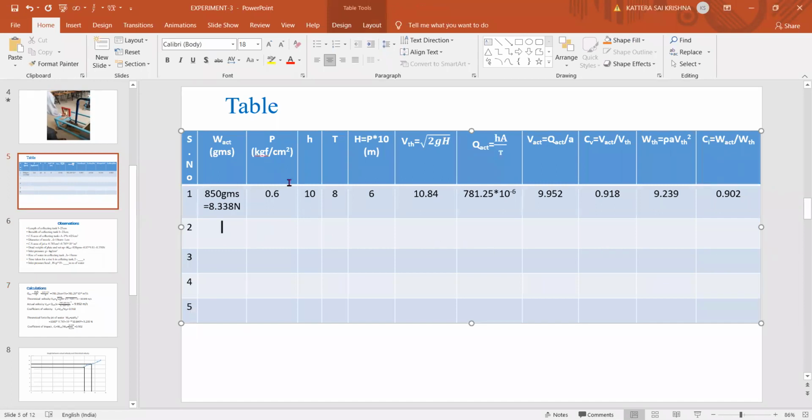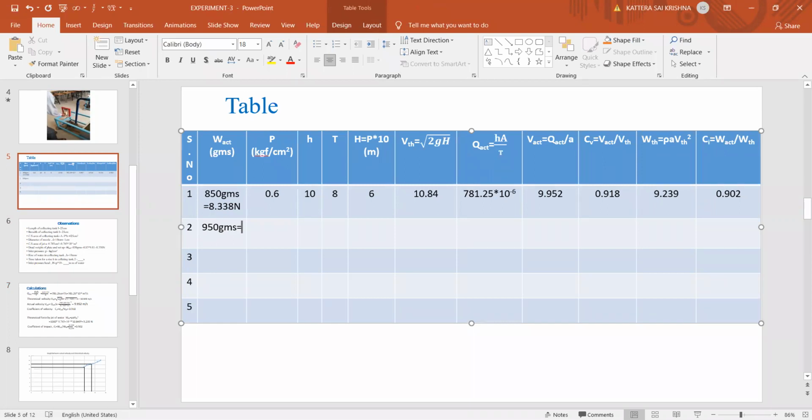Okay, so what I said in the second reading, we are going to add 100 grams load extra for the already existing self load. So what is the load becomes? 850 plus 100. So 950 grams will be our load acting.